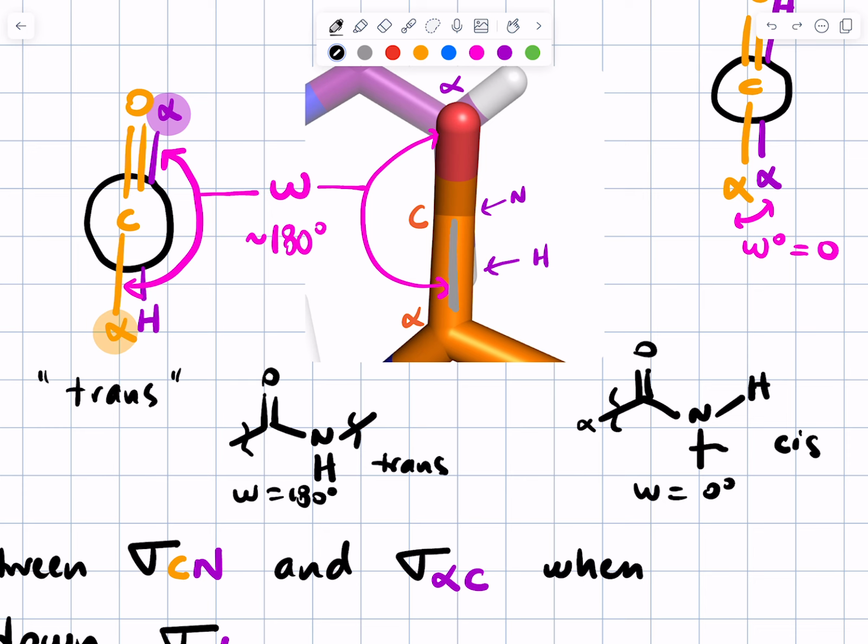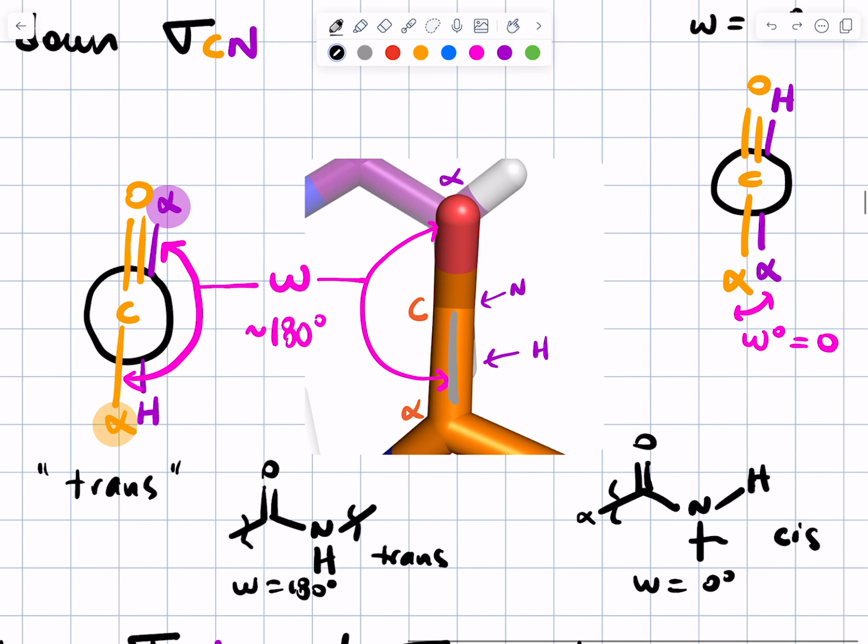And that cis versus trans amides play an interesting role in peptide and protein chemistry, in part because interchange between cis and trans amides is slow.